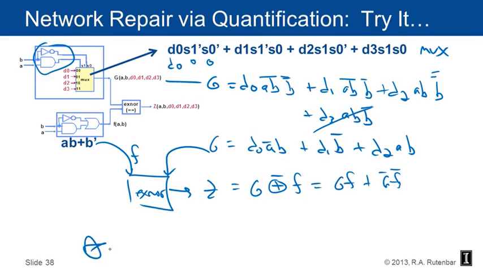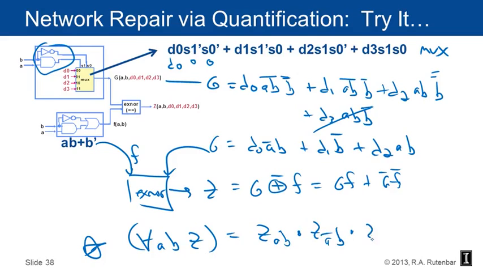And what I want is to calculate this thing with the star, for all A, B, Z, which is going to be the AB cofactor ANDed with the A bar B cofactor ANDed with the A B bar cofactor ANDed with the A bar B bar cofactor.